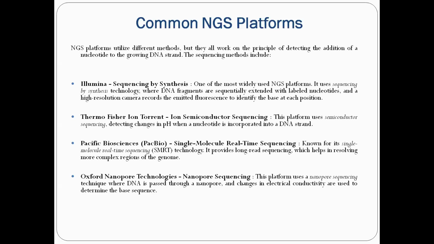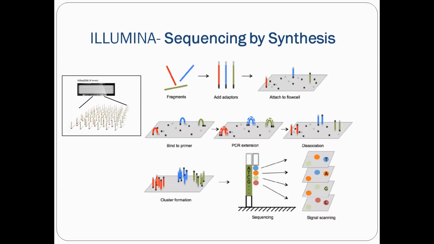This platform detects the changes in pH when a nucleotide is incorporated into the DNA strand. Then we have Pacific Biosciences, which utilizes single molecule real-time sequencing or SMRT, and Oxford Nanopore sequencing, which uses a nanopore sequencing technique. So the difference between Illumina and Thermo Fisher and the last two sequencing technologies is that the last two are able to generate long reads.